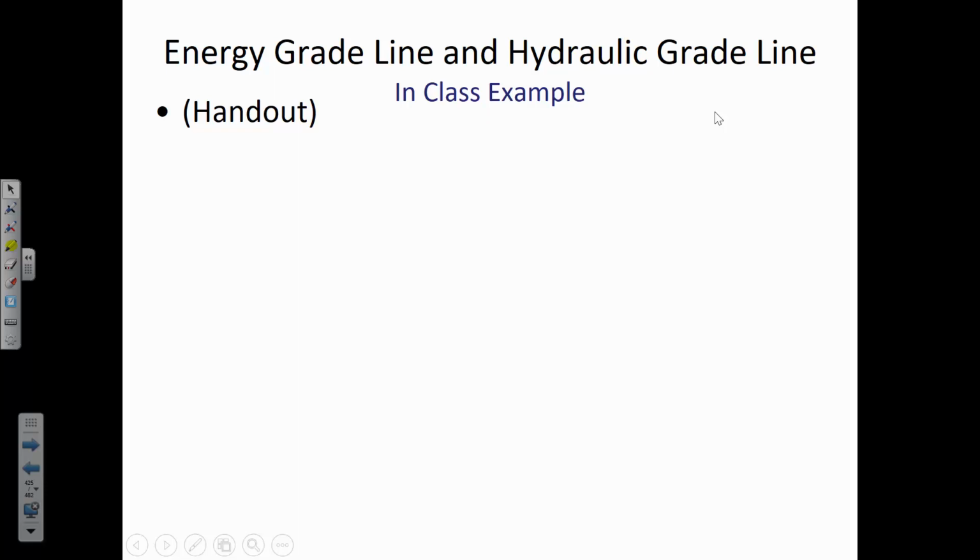There's one question on the front and one on the back. My suggestion is start with pencil. Draw the EGL and the HGL, including the labels for both. We'll take a look at the solution and we'll talk through it in just a moment.